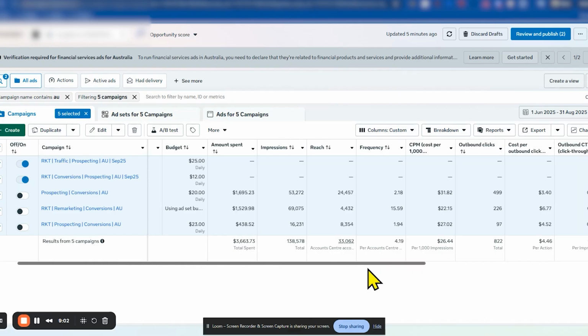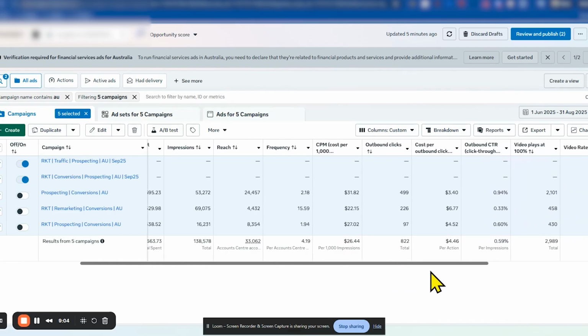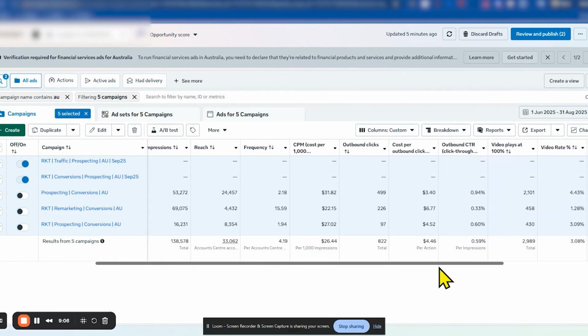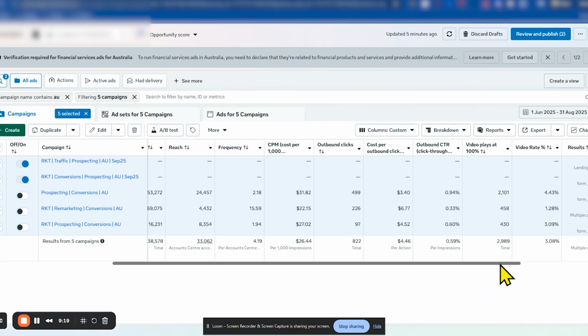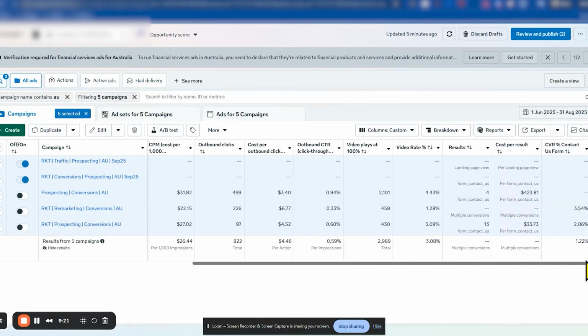So you can see that across this time range, we had a cost per click of roughly $4.46. We had a click-through rate of around 0.60%, and we had roughly 16 conversions here, and cost per conversion was roughly around the $30 mark.